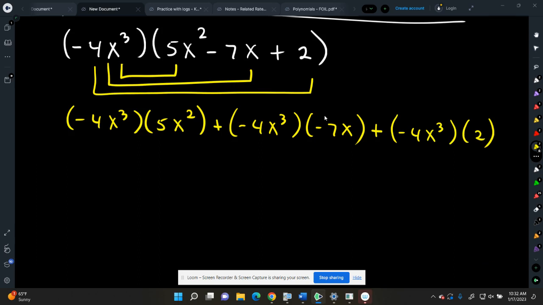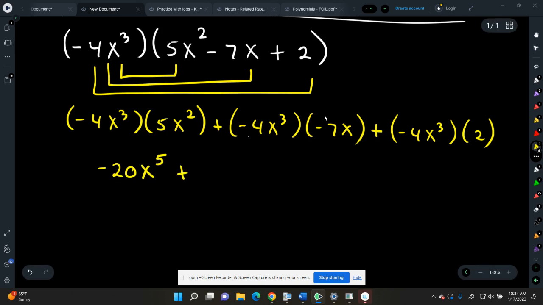Anybody have a question on how we did that? Okay. So negative 4 times 5 gives me negative 20. X to the third times x squared gives me what? X to the fifth. Good.